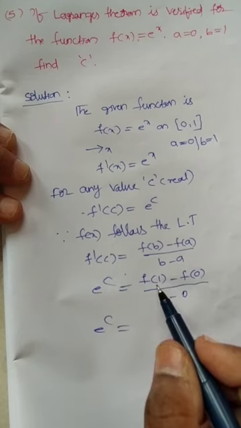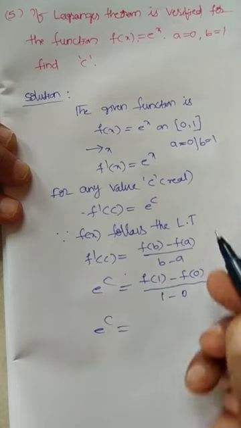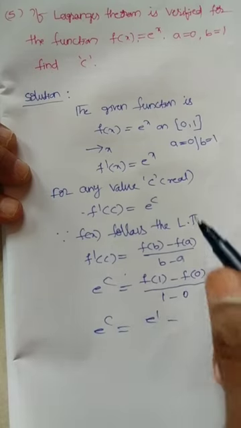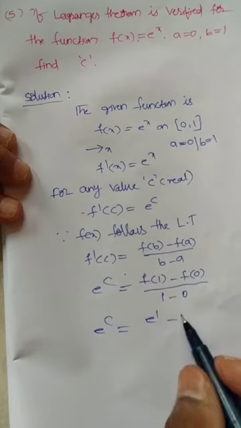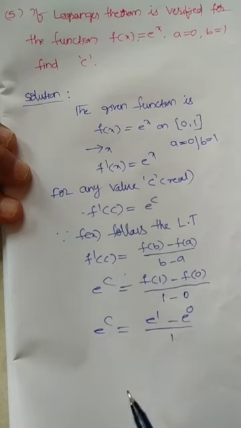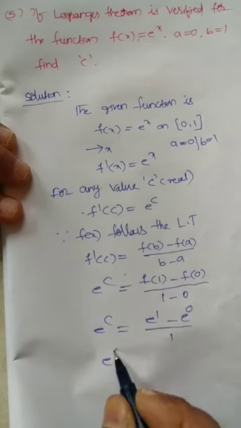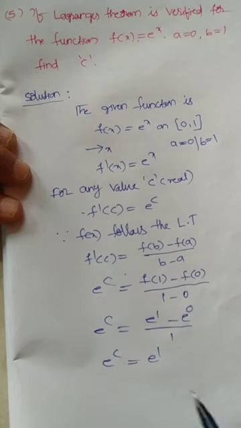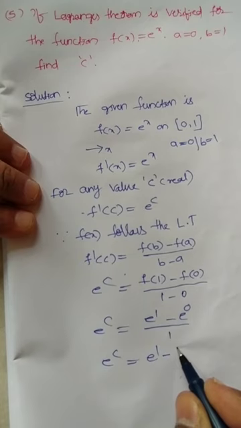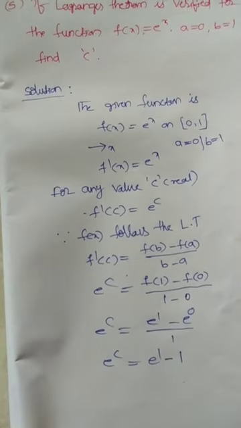In place of x I am going to substitute 1, so it is e power 1, minus f of 0. In place of x I am going to substitute 0, e power 0, by 1 minus 0, which is 1. So e power c we got is e power 1 minus e power 0, and the value is 1. So we require to find the value of c now.